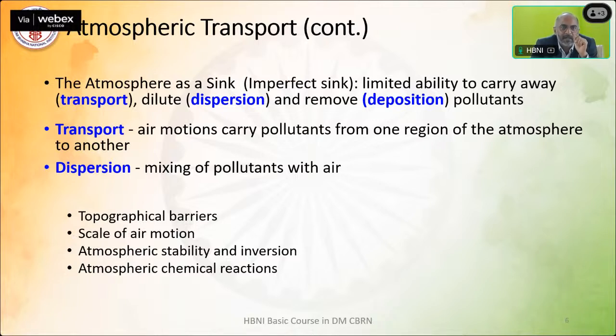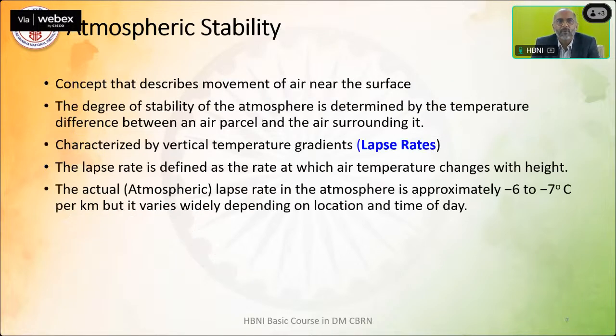This is an important part. And of course, atmospheric chemical reactions also. So this atmospheric stability and inversion part is a major aspect that governs your total transport and dispersion process. So let us see what that is about, okay?